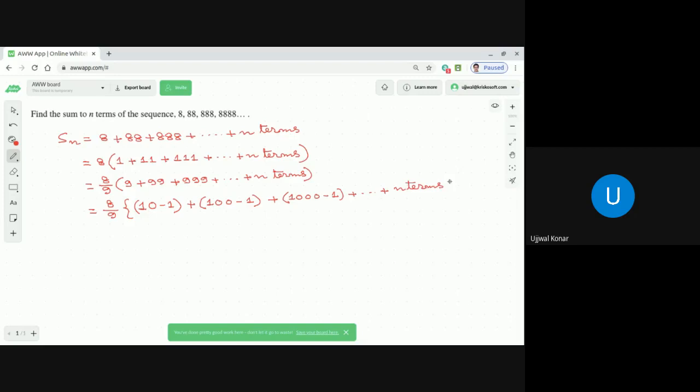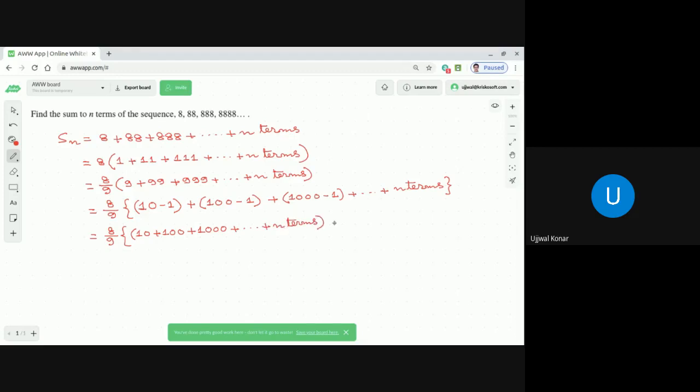Correct or not? Yes. Then, dear students, I am writing 8 by 9 as it is. Then these 10, 100, 1000, I am clubbing together. That means I am getting 10 plus 100 plus 1000, and so on up to n terms.